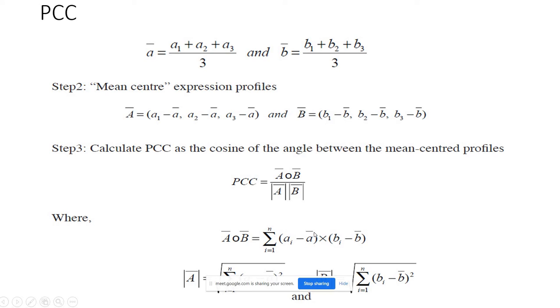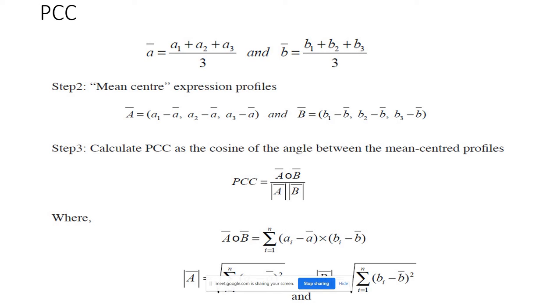Ai minus A bar. In step 2 you have calculated the mean centered expression profile, so we obtain this value in that way. This is the summation of all the values. Now this will be multiplied by Bi minus B bar. These values we have already calculated at step 2 also.